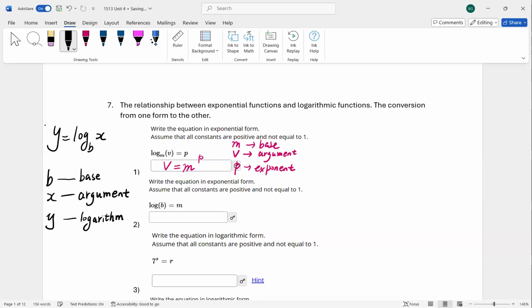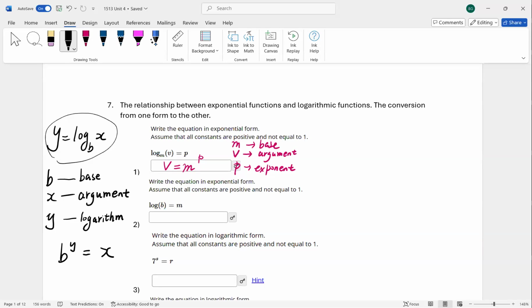Based on that fact, this equation is equivalent to b to the power of y equals x. Those two equations are equivalent. Y equals log with base b of x is equivalent to b to the power of y equals x.